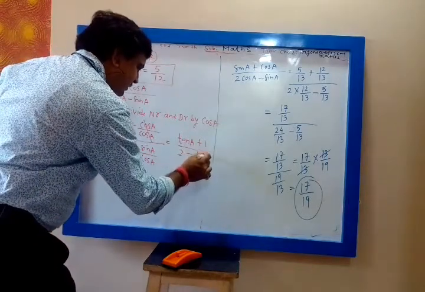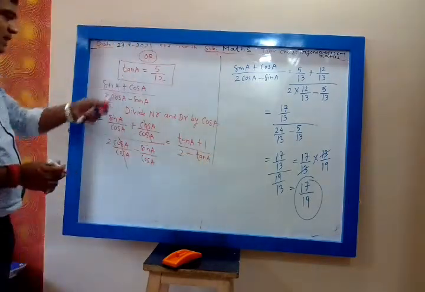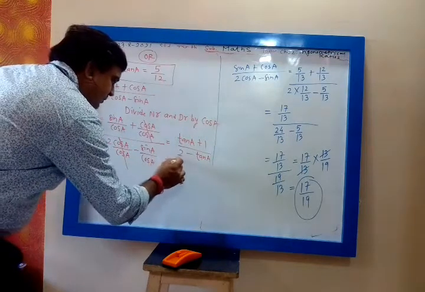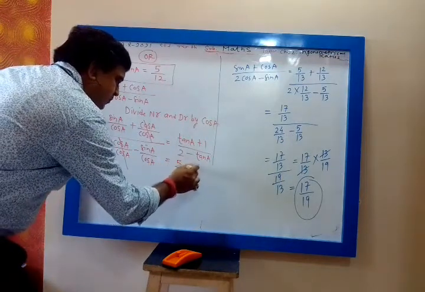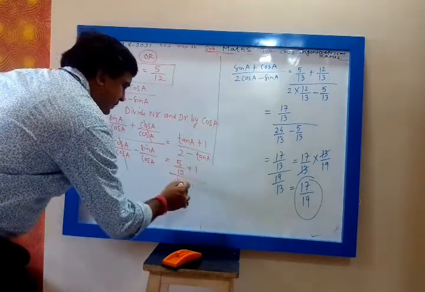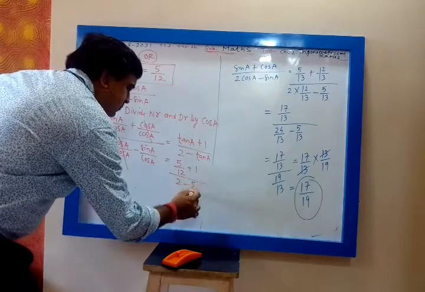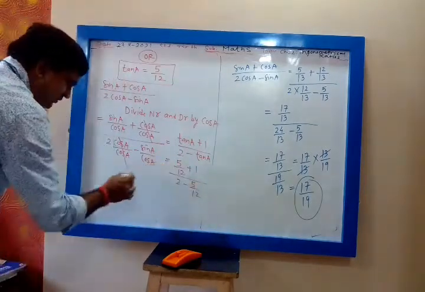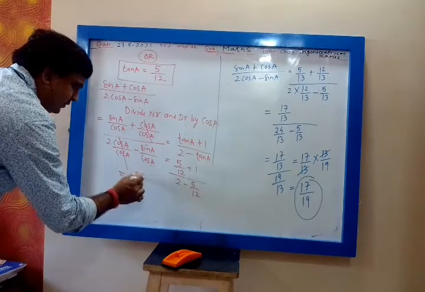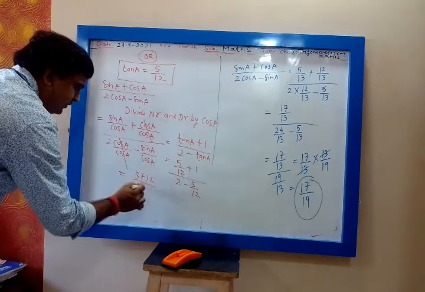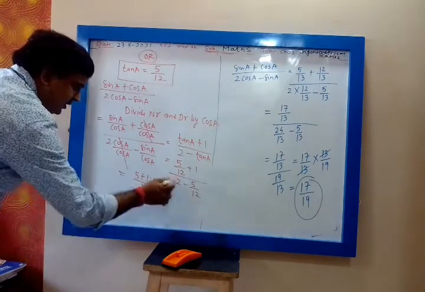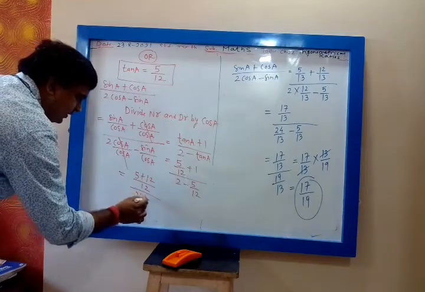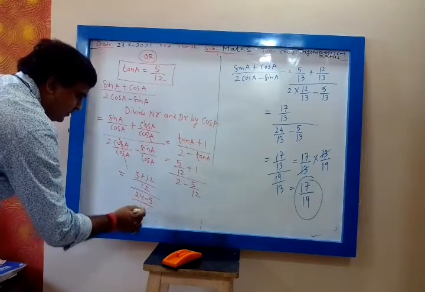Correct? Now tan A value we have already found, 5 by 12. So 5 by 12 plus 1 upon 2 minus 5 by 12. So that is 5 plus 12 upon 12, divided by 24 minus 5 by 12.